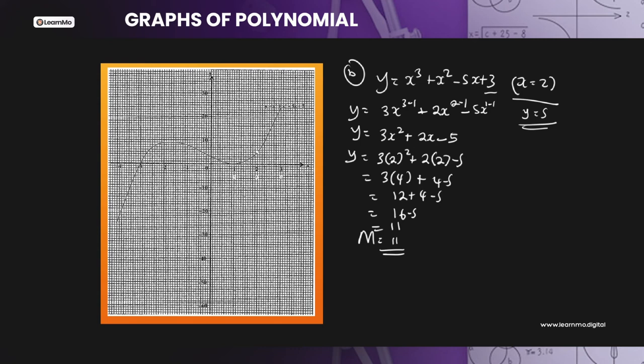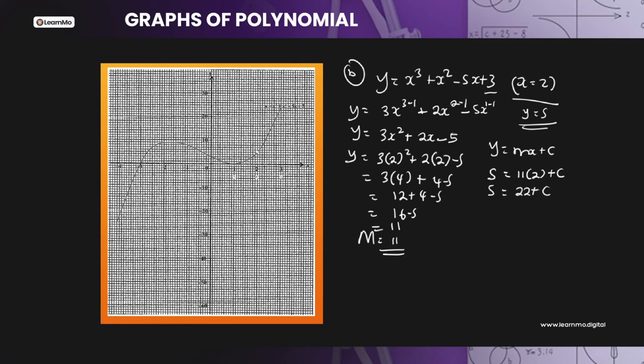Now you use the equation of a straight line to find this equation, because this is a straight line. So y is equal to mx plus c, where c is the y-intercept. Your y is 5, your gradient is 11, your x is 2, plus c. Then 5 is equal to 22 plus c.